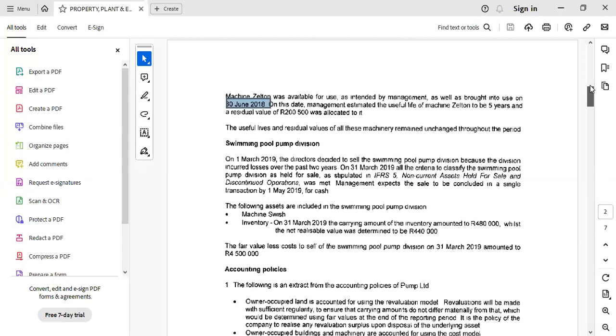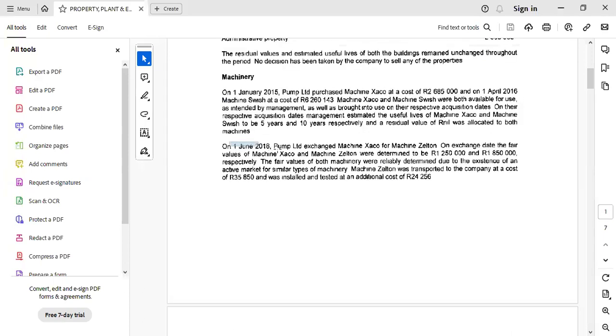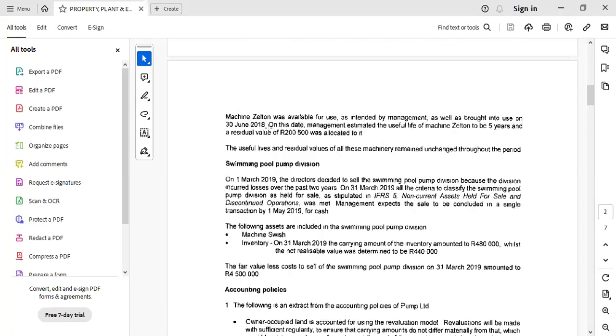Although it was acquired on 1 June, it was only available on 30 June. We only start to provide for depreciation when the asset is available for use. So it has only been available from 30 June until 31 March 2019, which is 9 months. We don't count June because it was at the end. So we start from July to March, our end of year, which is 9 months. So we multiply by 9 over 12.